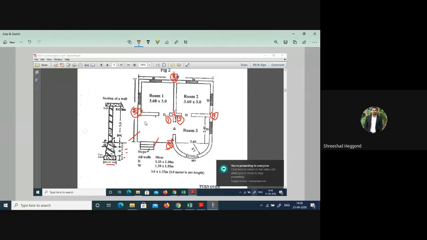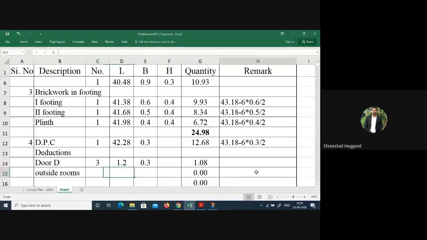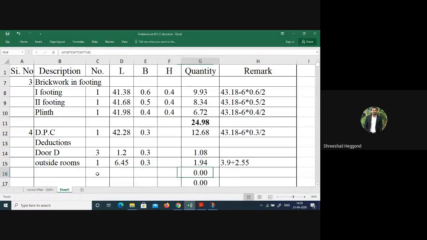That is 3.9 on one side, and this will be 2.55. Total will be how much? 3.9 plus 2.4 plus 0.15 on one side. That will be one number, and length 6.45 and width is 0.3 quantity.